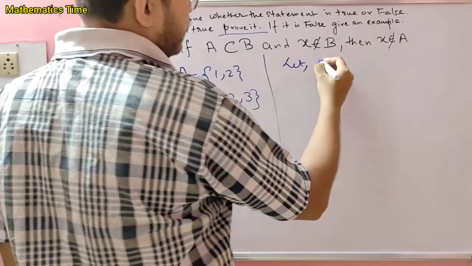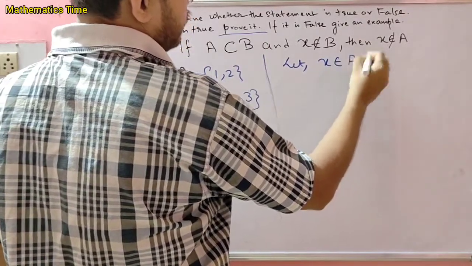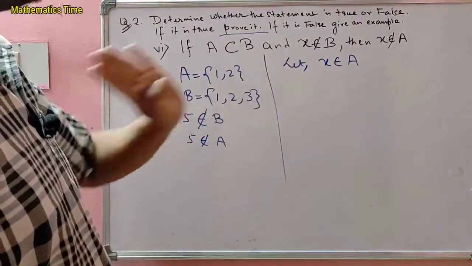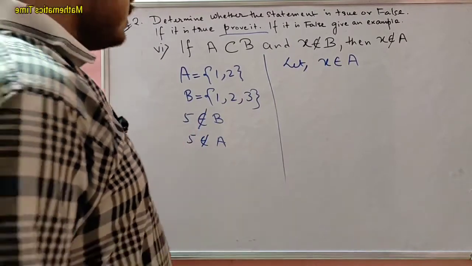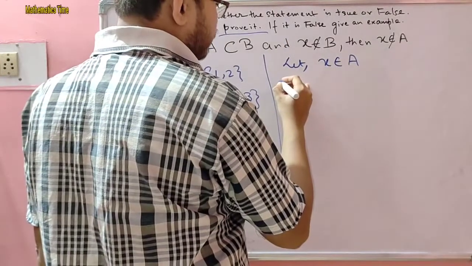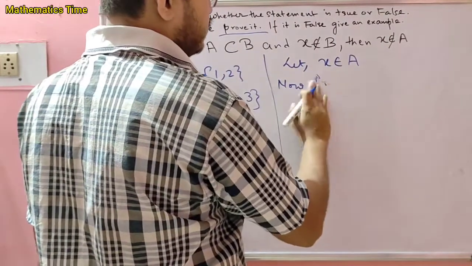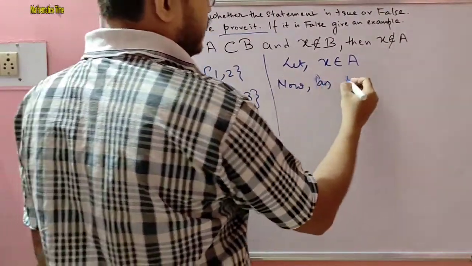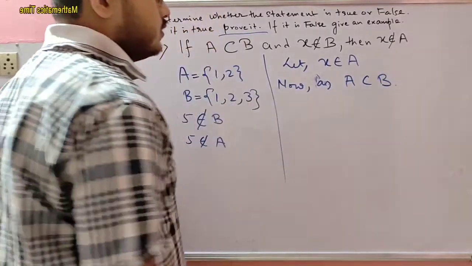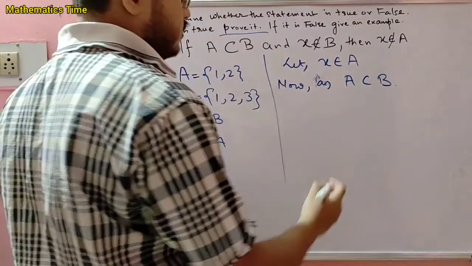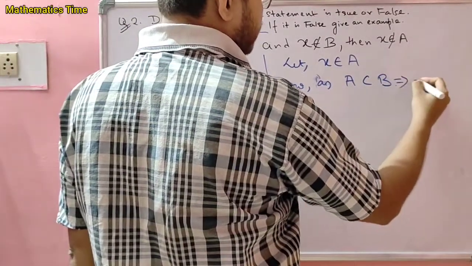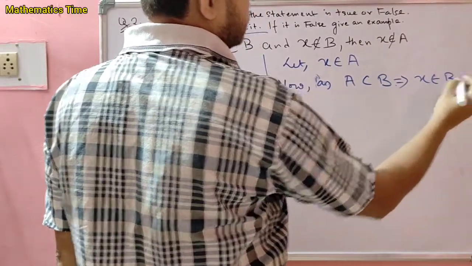Let x belong to A. We are considering x as an element of the set A. Now as A is a subset of B, which implies what? x belongs to B. Why?